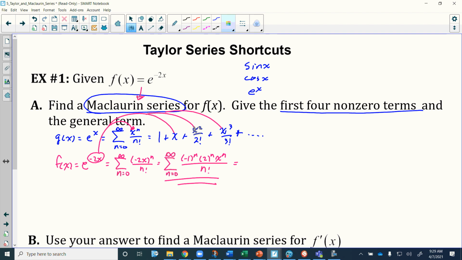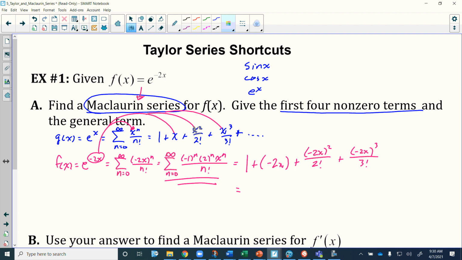So this is going to wind up being 1 plus negative 2x plus negative 2x raised to the power of 2 over 2 factorial plus negative 2x raised to the third power over 3 factorial. So that could very well be construed as the first four non-zero terms. Those would probably work. You may want to think about simplifying them a little bit, especially if we want the general terms.